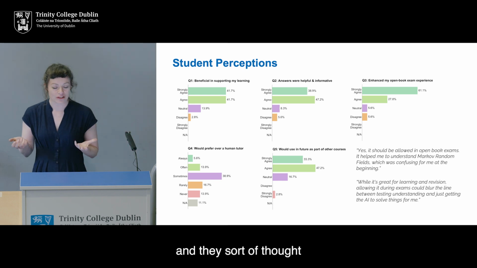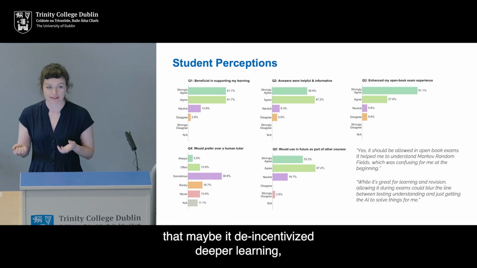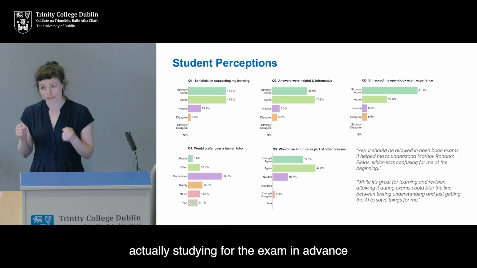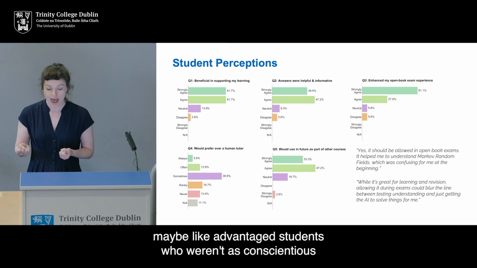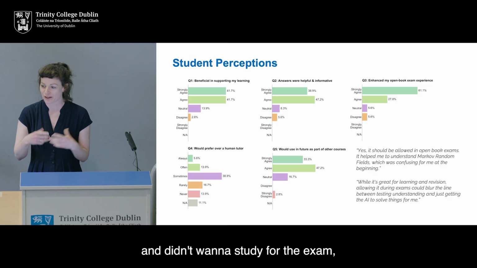They thought that maybe it de-incentivized deeper learning, actually studying for the exam in advance if you could rely on the teaching assistant, maybe advantaged students who weren't as conscientious and didn't want to study for the exam.